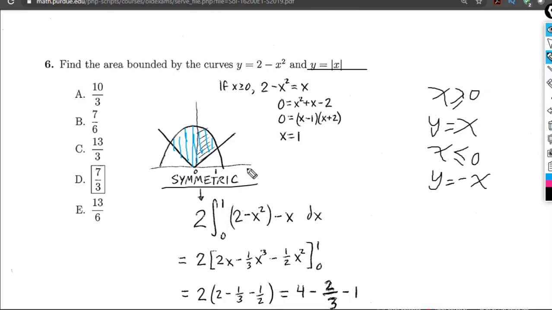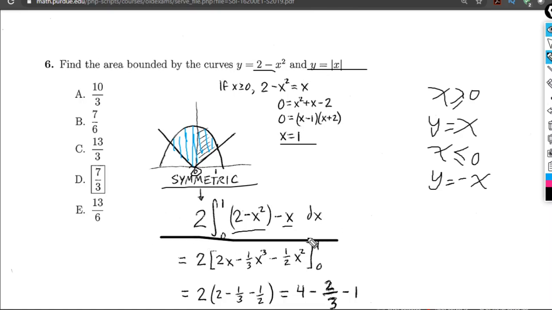And then, since we know that it's starting at 0, solving for that would just mean that you let the two equations equal each other, and you get that x equal to 1 is one of the bounds. And then notice that the parabola of 2 minus x squared is actually on top, so it will come first, and then minus x being the bottom line.